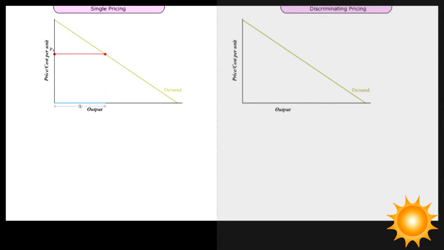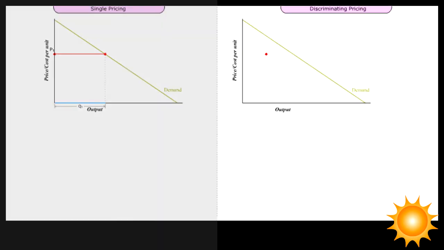That is, every buyer pays the same price even though some are willing to pay more. Discriminating price P_DP applies only to the marginal unit sold. Therefore, P_DP is a marginal price. That is, every unit is sold at a different highest possible price.